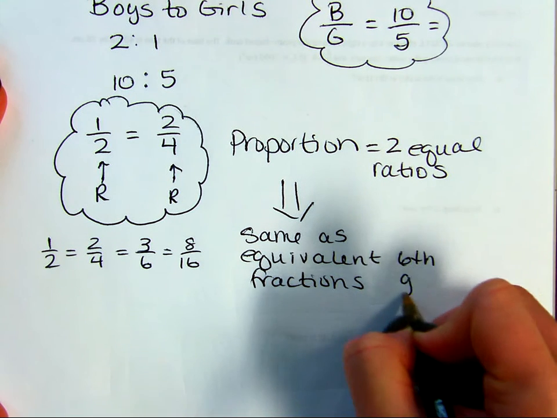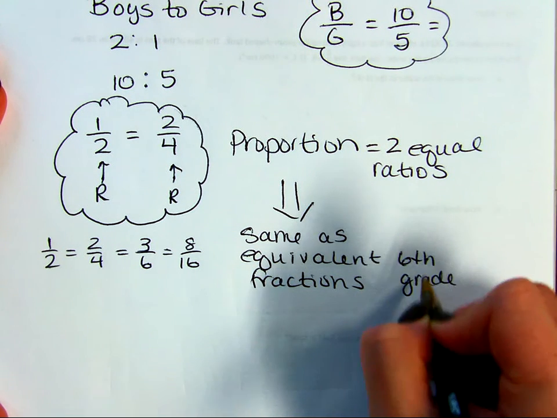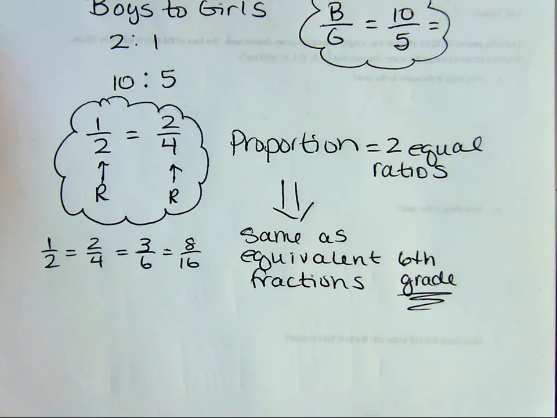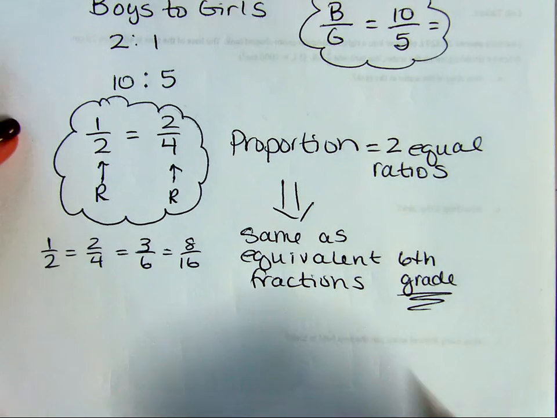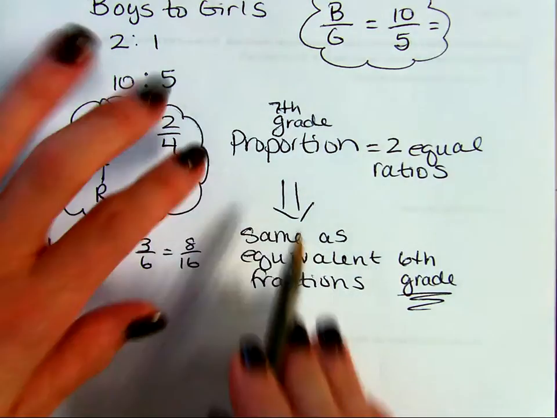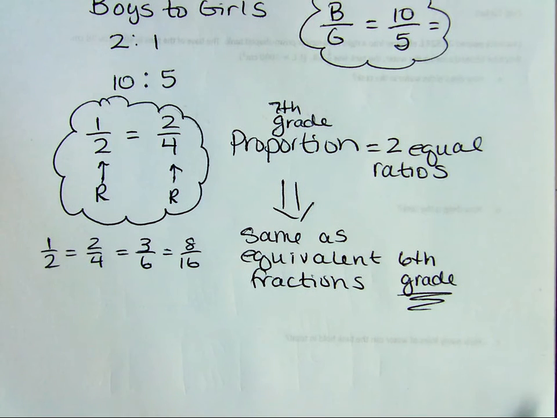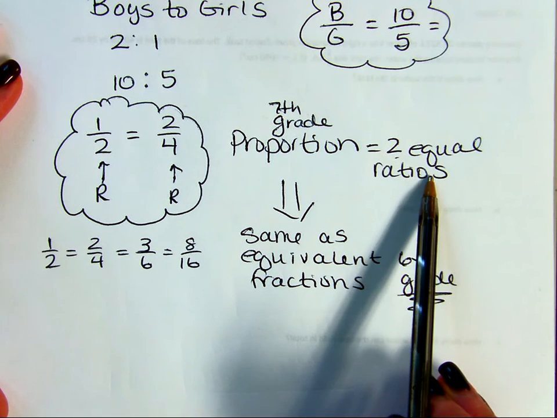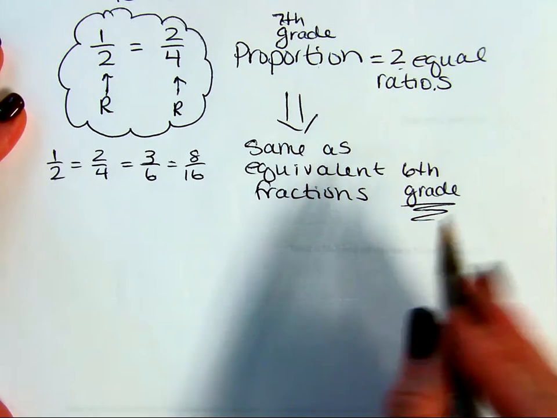We called them equivalent fractions in 6th grade. In 7th grade, we're going to call them a proportion. Okay? So just make sure that you already know this concept and what it means. We're just giving it a different name right now. Okay? So when I have 2 equal ratios, which are fractions, it's called a proportion. Okay? And we know what equivalent fraction means.